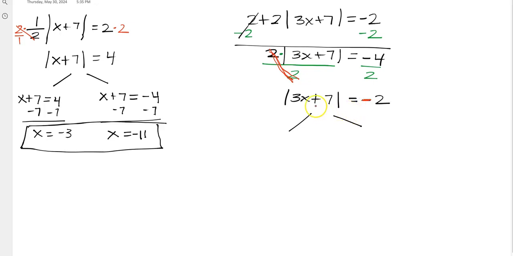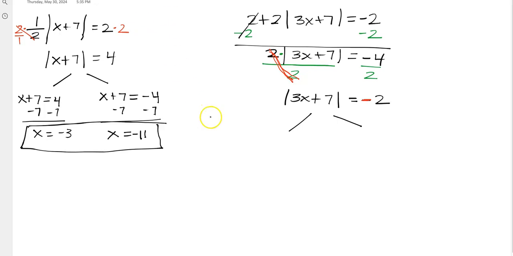Our definition of absolute value is the distance away from 0 on the number line, and a distance can't ever be negative. So this is actually nonsensical. It doesn't make any sense. We can't say we're going to take the absolute value of something and have it equal a negative number.